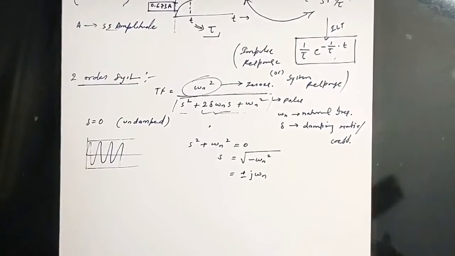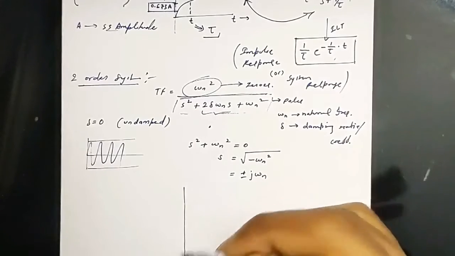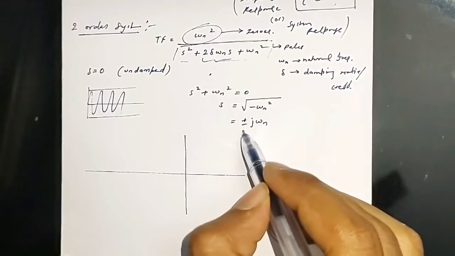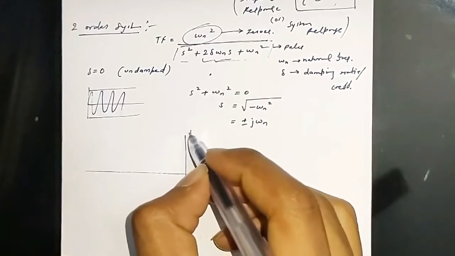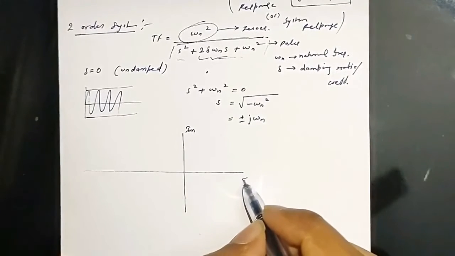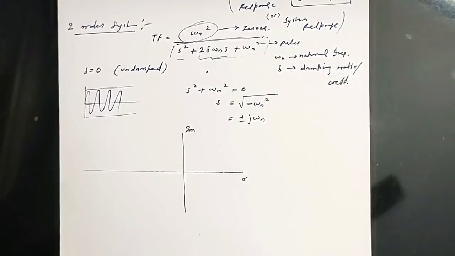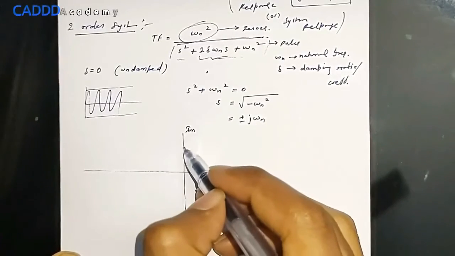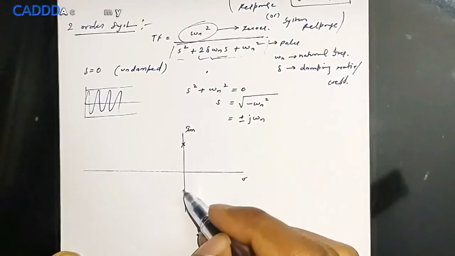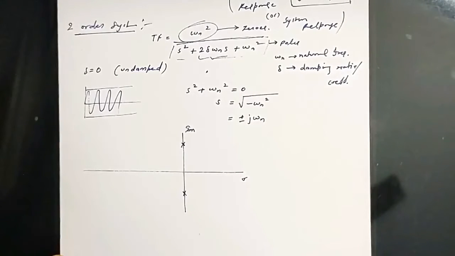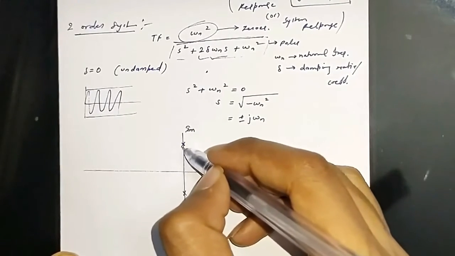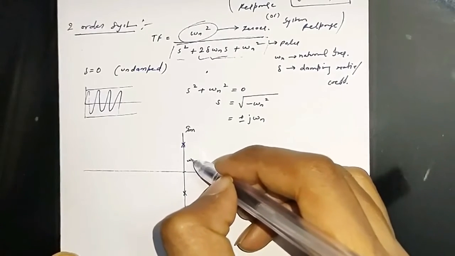So let's plot the pole locations. This is the imaginary axis. This is the real axis, which is generally denoted by sigma. So this is plus minus j omega n, which means that the poles are lying on the imaginary axis, and this distance is obviously going to be omega n.